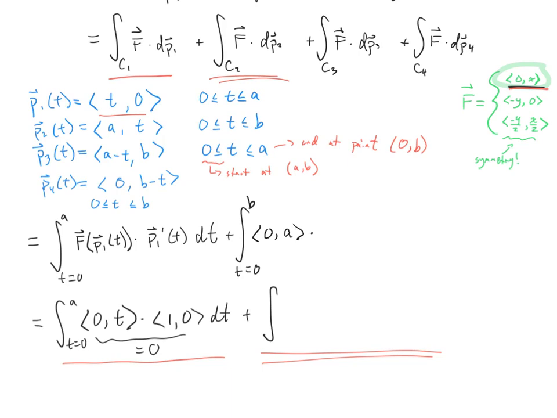So that's kind of interesting. It's nice and constant. P2 prime is, a is a constant, so the derivative of that is 0. And t, derivative of that is 1. So when I take the dot product of this, I get a, which is not 0. So I'm actually going to get something from this integral, dt. So that's the integral of a dt, t from 0 to b.